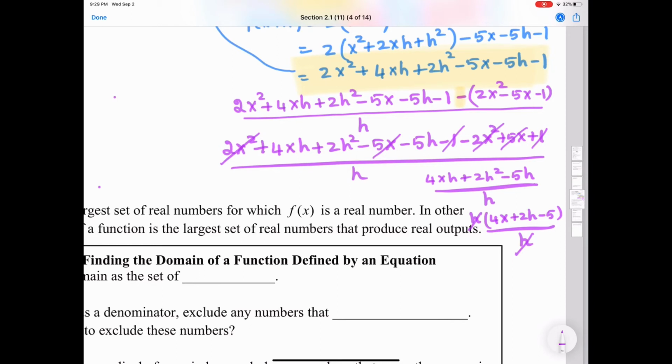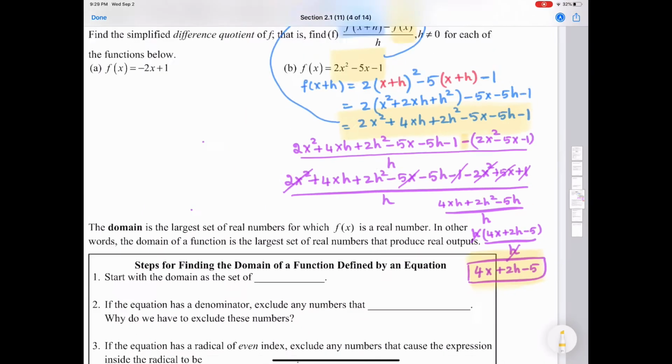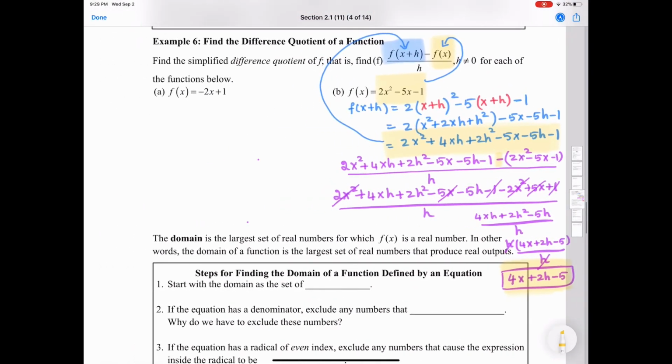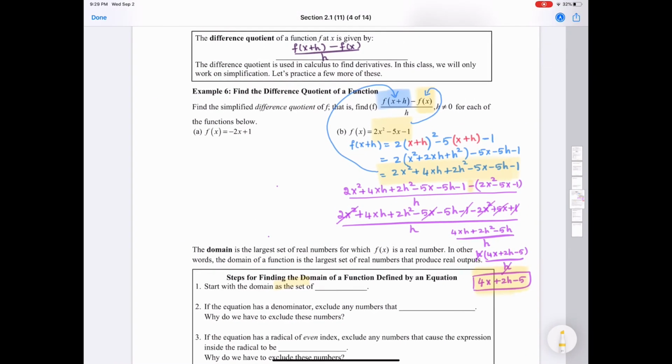Eliminate the h's, and the difference quotient for this particular problem is 4x plus 2h minus 5. Yes, this is the answer for the second problem, which is the difference quotient of the given function f of x equals 2x squared minus 5x minus 1.